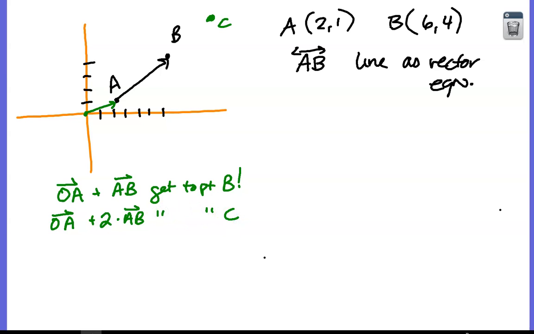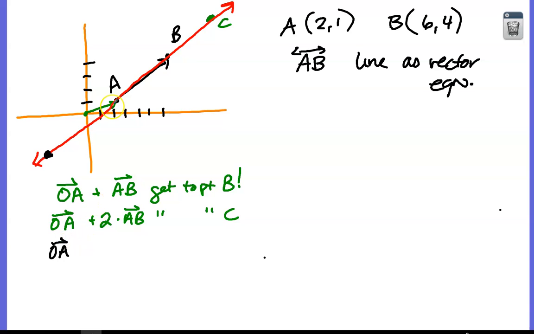What if I wanted to get to a point, because here's the line. This is the line that we're trying to write the equation of, guys. What if I wanted to get to a point that was maybe back here, twice as long as this, but back this way? Could I get to this point? Sure.